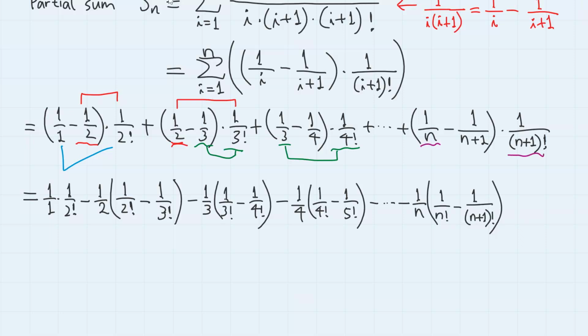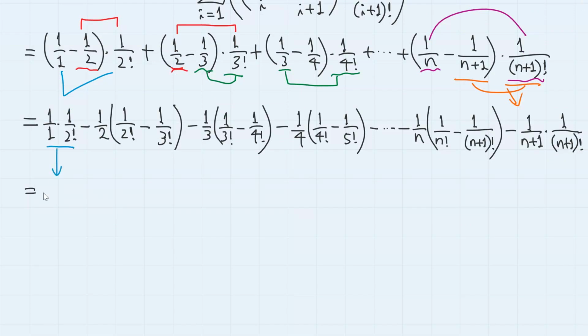So we have used this term, but we still haven't used this term. So we have to write minus 1 over n plus 1 times 1 over n plus 1 factorial in the end. So we have 1 over 2 at the front, and if we write this very last term next, we have minus 1 over n plus 1 times n plus 1 factorial.